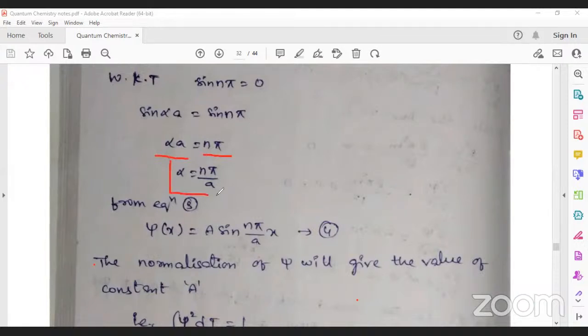Therefore, alpha is equals to n pi by a.